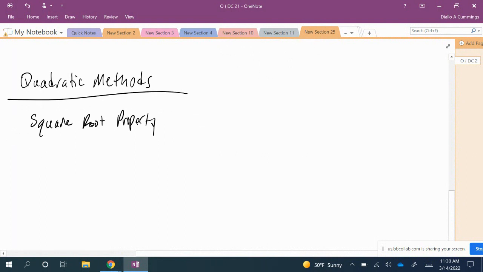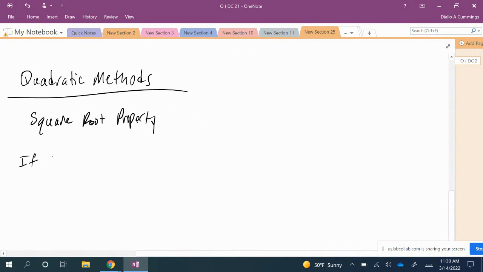So here's the square root property. It says that if a squared is equal to c, then a is equal to plus or minus the square root of c.